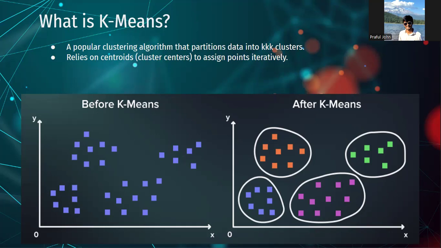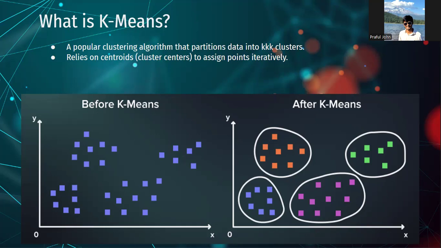Then we recalculate the centroid as the mean of the points in each cluster. When we calculate the mean, maybe the mean would have come here, and we repeat these steps until the cluster assignments are stabilized.